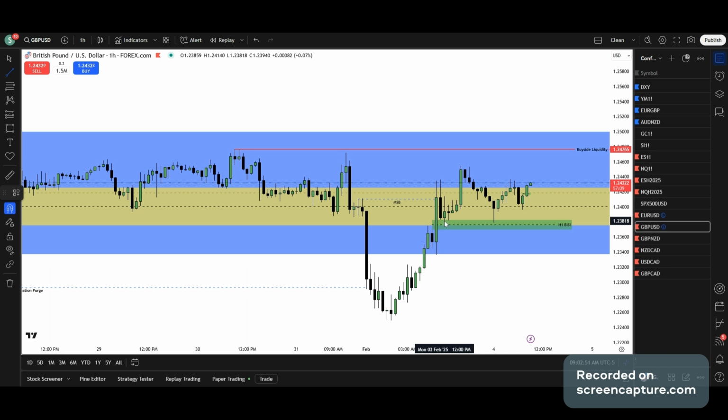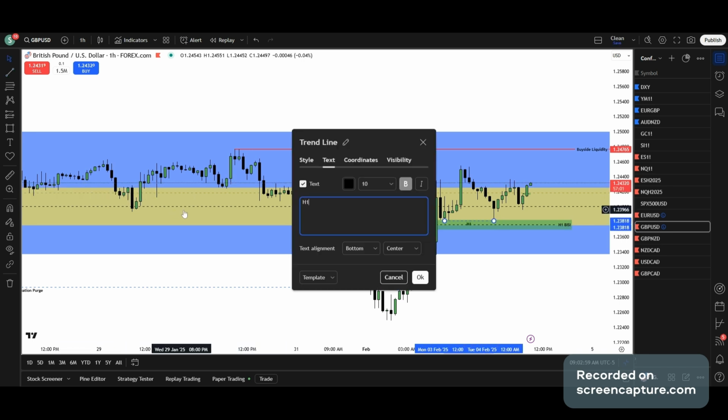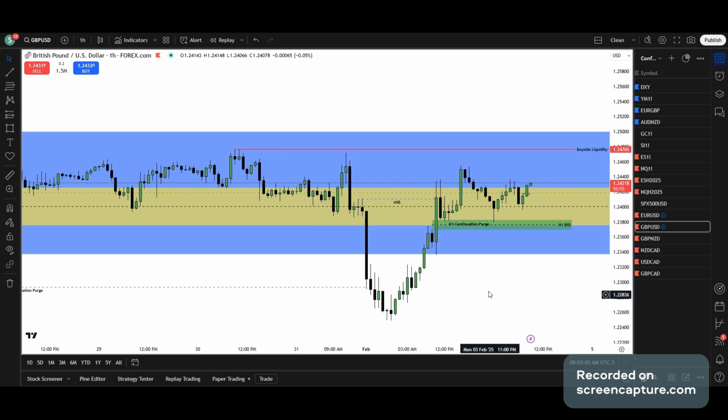So just like we had on the monthly and the daily, we got fractal price action here. We have our hourly continuation purge. Like so. Now price runs up again. Okay, so I want to break down all of this.